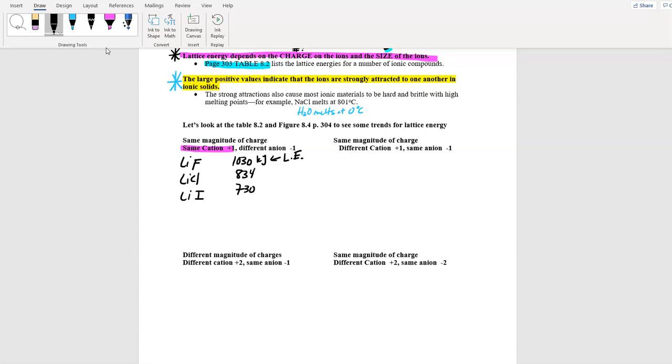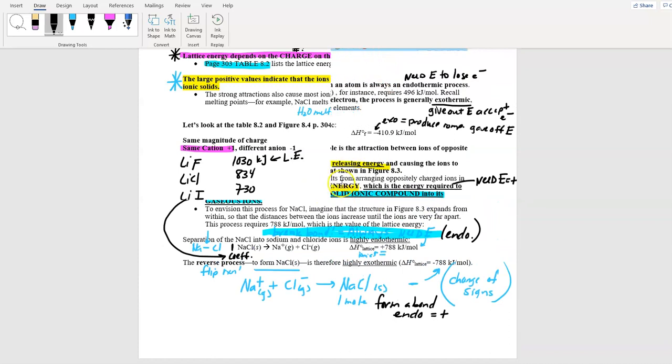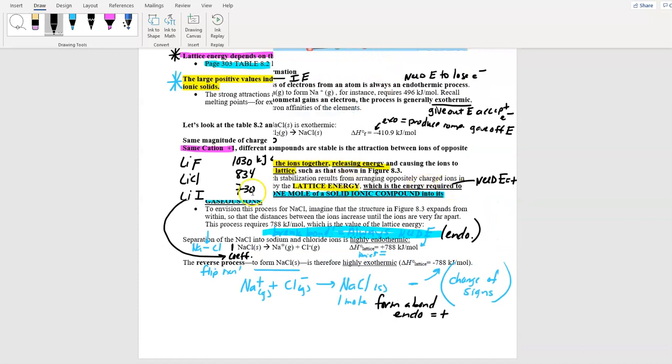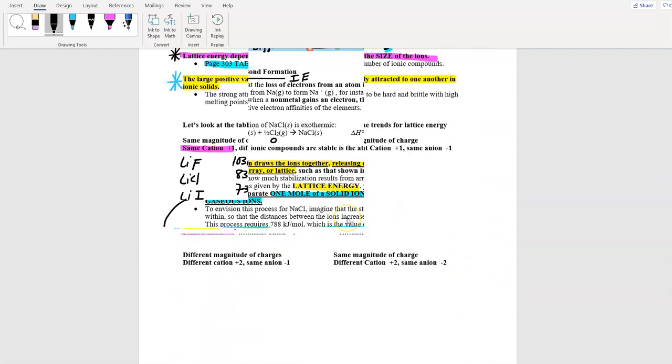And remember, what does lattice energy measure? Lattice energy is the energy required to break that compound up into the gaseous ions. So this number is the energy to break that one bond that's holding them in there. What do you notice about the trend?